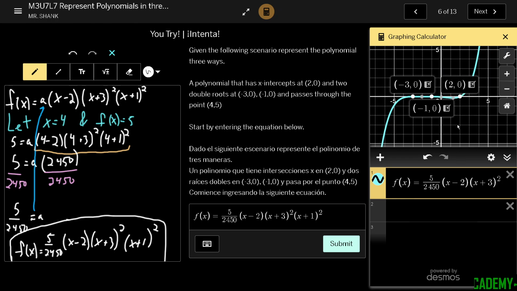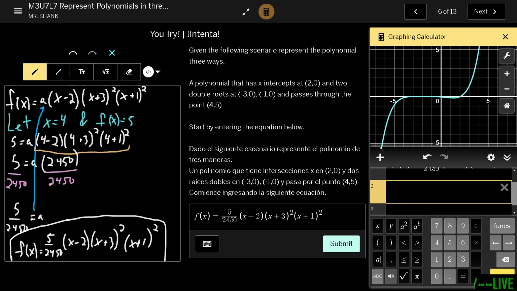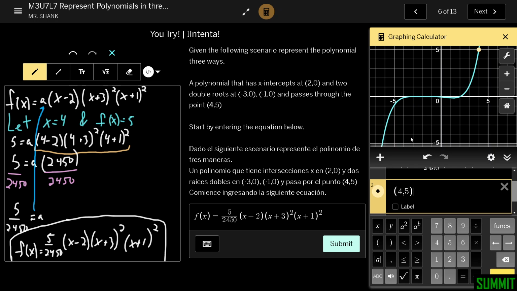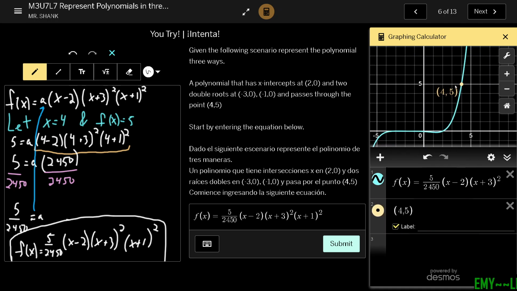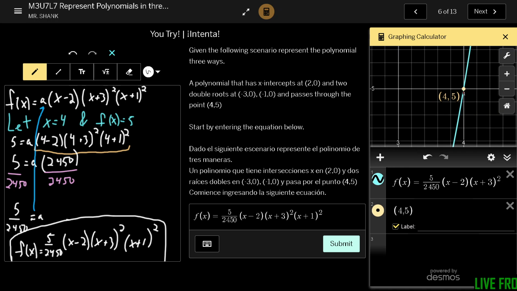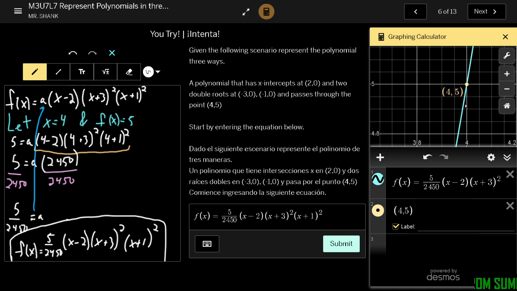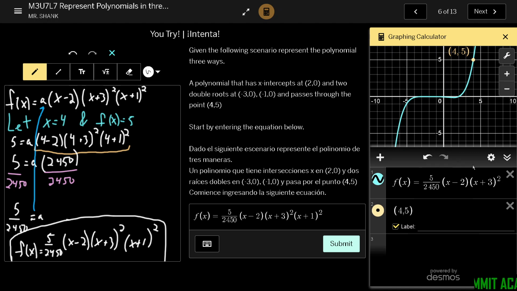So it does go through those points, which is good. But we mainly are looking for that extra point. That extra point really tells us, is our graph correct? As I zoom in, I'm triple checking, it is good. My curve goes through that point that it's supposed to go through. So I know my equation is correct.